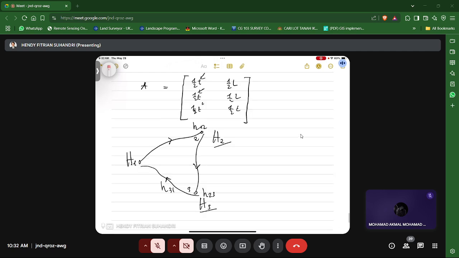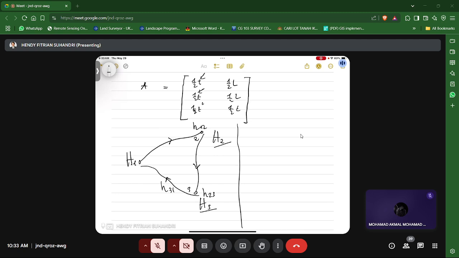My first question, how many equations do we have? Probably 3. Not probably, but indeed it is 3 equations.